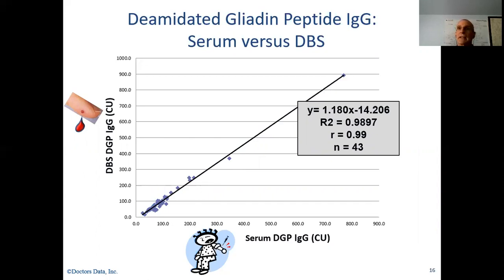So this dried blood spot approach lends itself very well to testing young children who don't like to be stuck with a needle, simple finger prick, and then a cool Band-Aid put on there, and also available to practitioners who do not do blood draws.